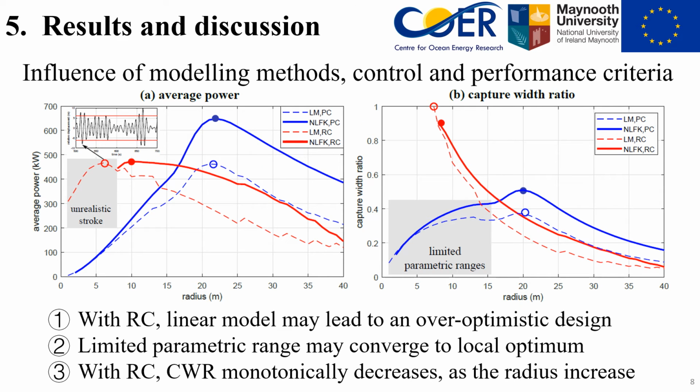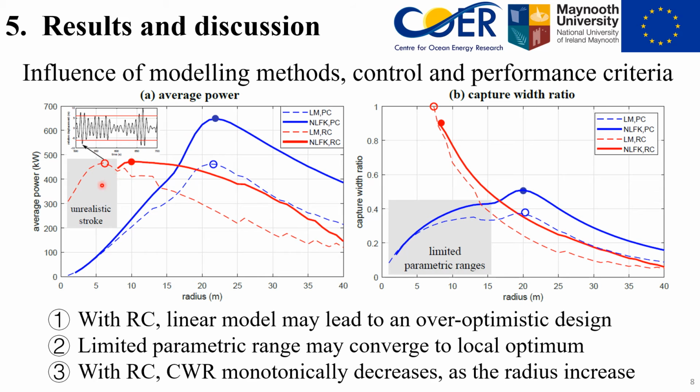The influence of modeling method and control strategies is shown here. In Figure A, the average power is used as the performance criterion, while in Figure B, capture width ratio is used. The blue curves represent the results by passive control, while the red curves represent the results by reactive control.